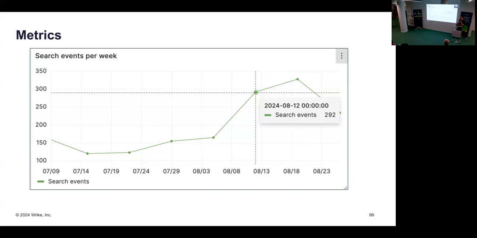But in the start of August, we provided knowledge sharing, and now we have about 300 search events per week. So this application is useful. In the end, you see that it goes down. It happens because we moved to another tracking system. I want to be honest with you.